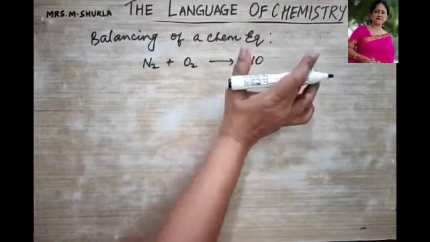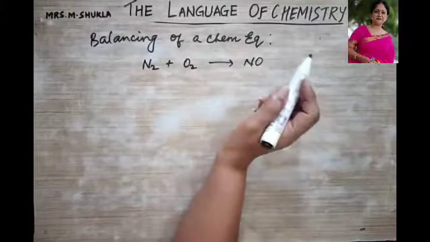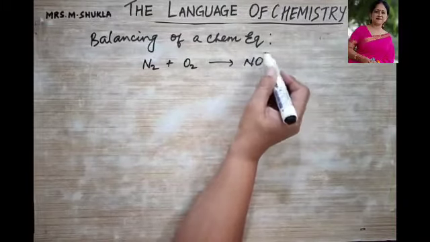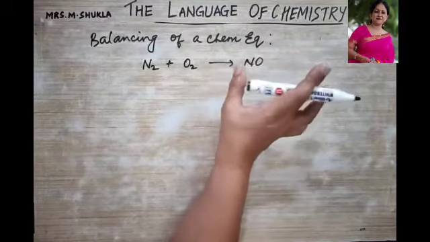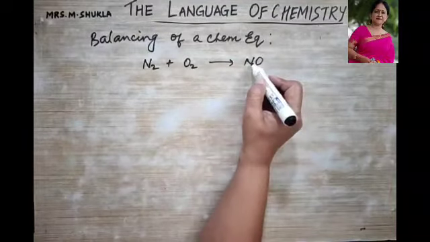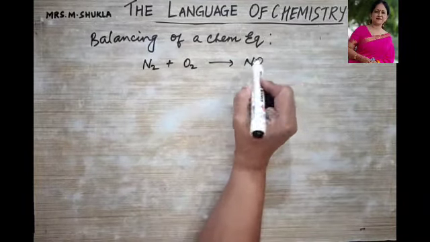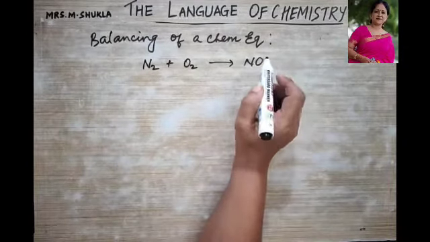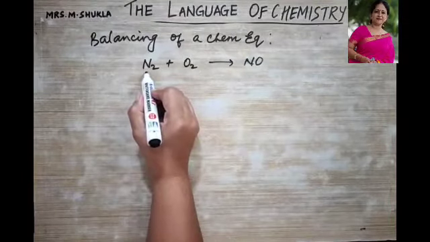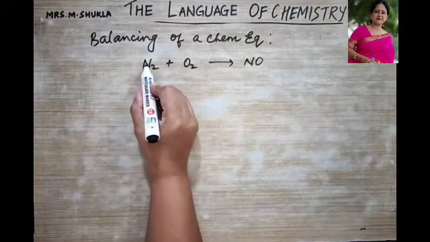Now one thing is very important to be understood while balancing. In a compound we do not consider the compound as a whole while balancing. We need to use each element separately to balance. For example, nitrogen: how many nitrogen? 2.